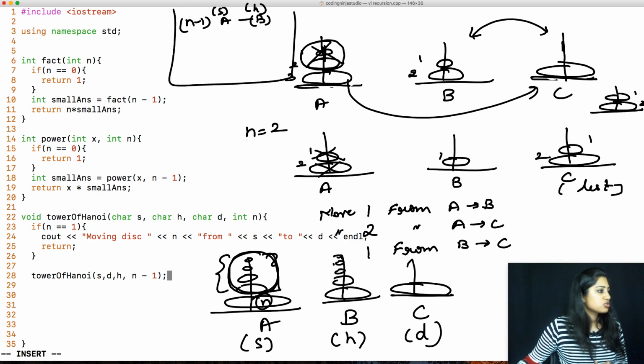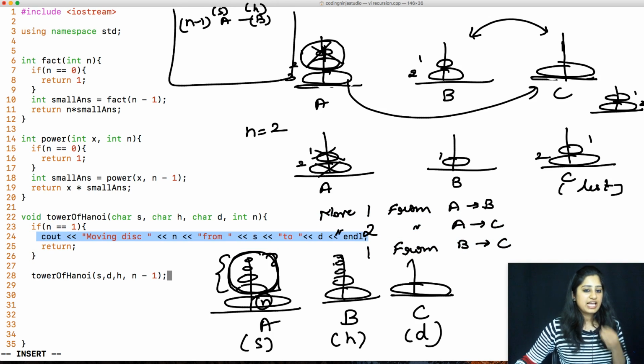Okay. So, Rohan, in line number 24, we are not doing much. What we are actually doing is that I am just assuming that I have only one disk with me. If I have just one disk, we just moved that disk from our source to destination, from A to C. So, the statement that I am writing here is the line that I spoke: I just moved disk number n, which is disk number 1, from the source rod to the destination rod.